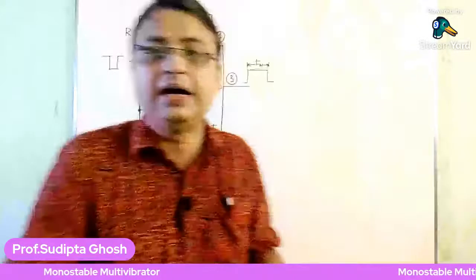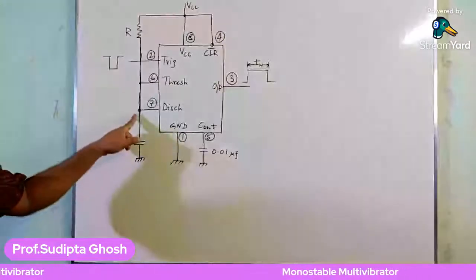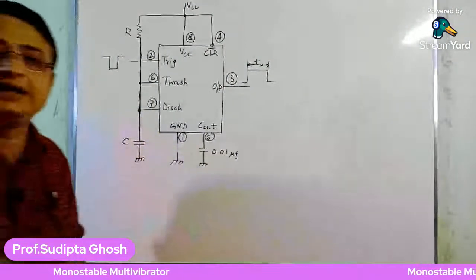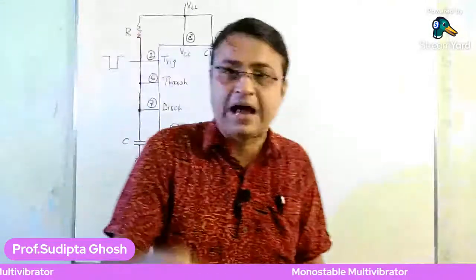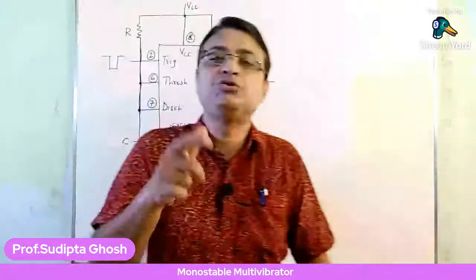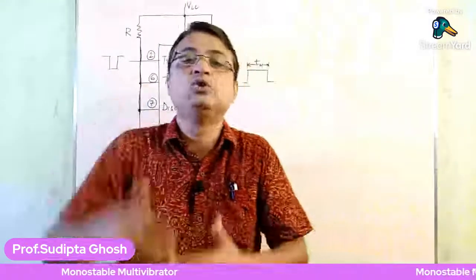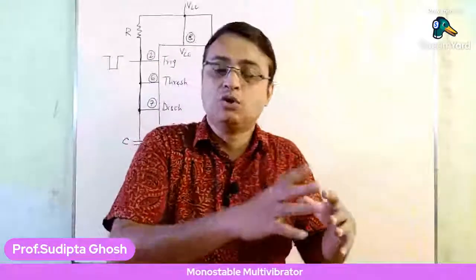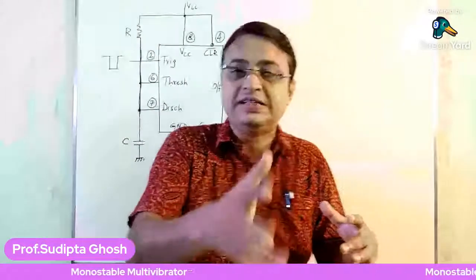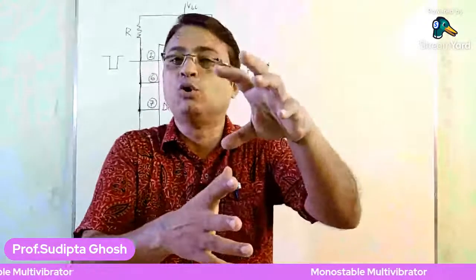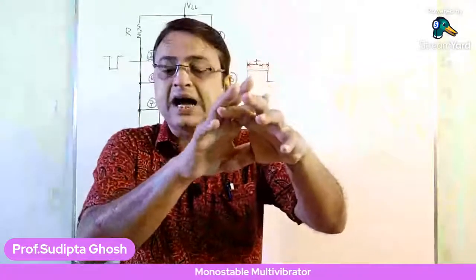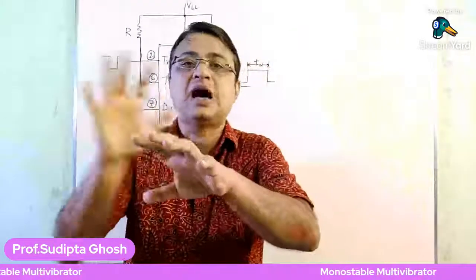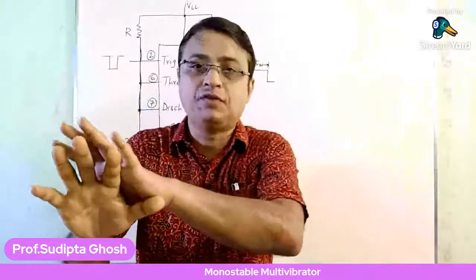Now recall what we have at pin number 7. Pin number 7 is also connected to the capacitor, and right now we are discussing the capacitor voltage at around 3.5 volts, that is greater than the 2/3 VCC value. If the capacitor voltage goes higher than 2/3 VCC, the threshold comparator goes high. While the threshold comparator is high, the reset input of the RS flip-flop goes high, which turns the output of the flip-flop low.